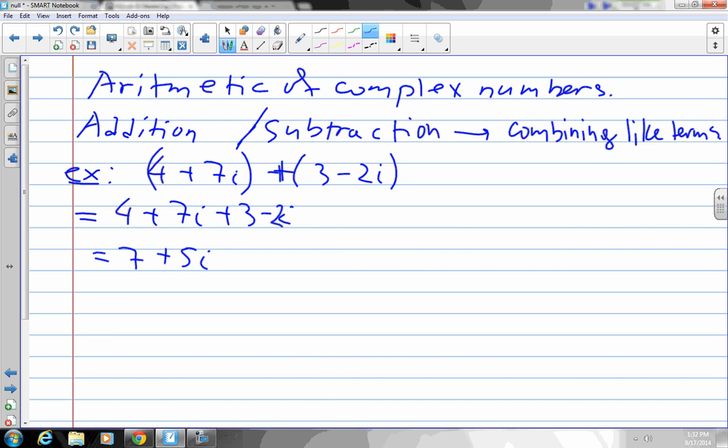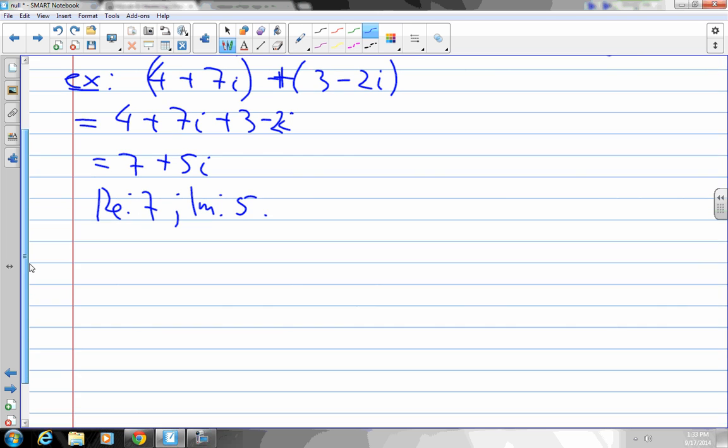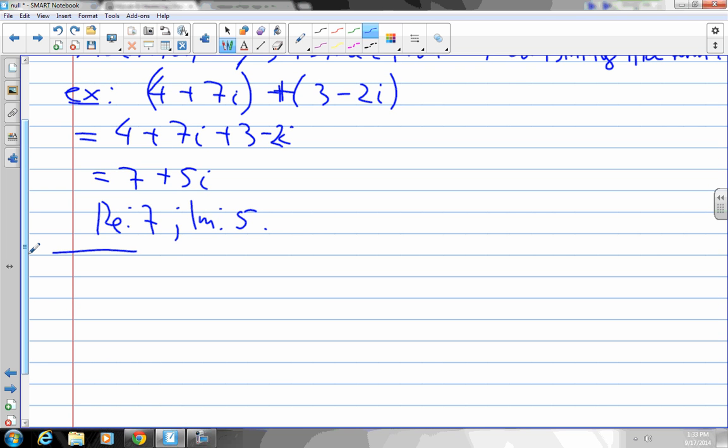How's that? The real part is 7. The imaginary part is 5. So that's okay. Same thing goes for subtraction. Subtracting complex numbers, if you understand how to distribute a negative and combine like terms, then you're good. So you're in very good shape. Again, for example, if you have something like 3 minus 2i minus negative 2 plus 3i, we should be able to do that.